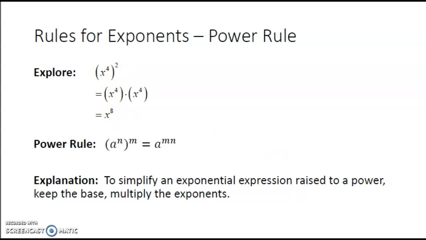So the power rule tells us that if you have an exponential expression raised to another power, then you can just multiply those exponents together and write one expression. Sometimes I like to just say power to a power here. When you have a power to a power, you multiply the exponents.